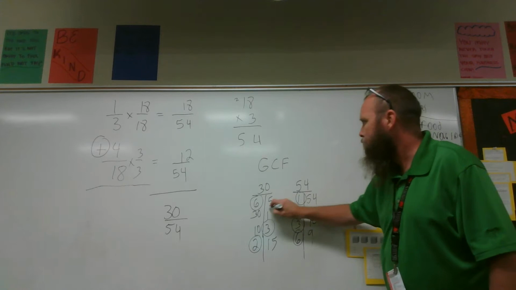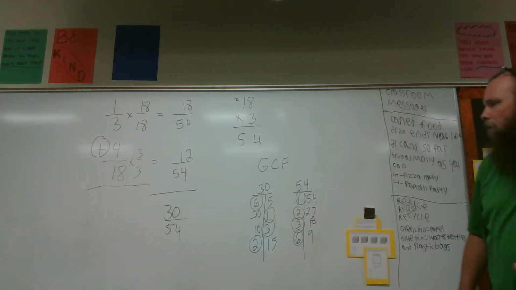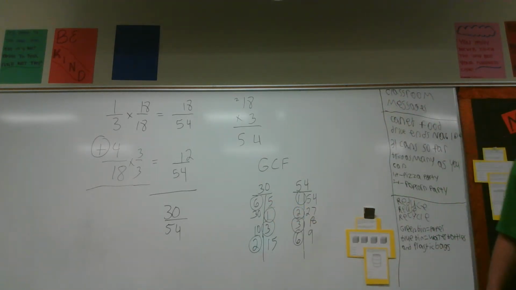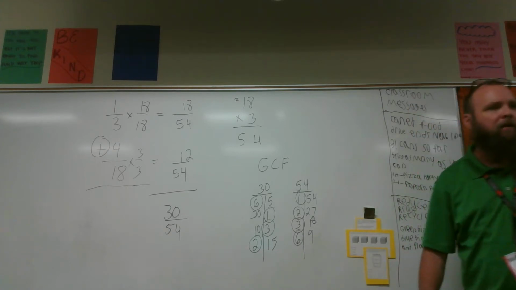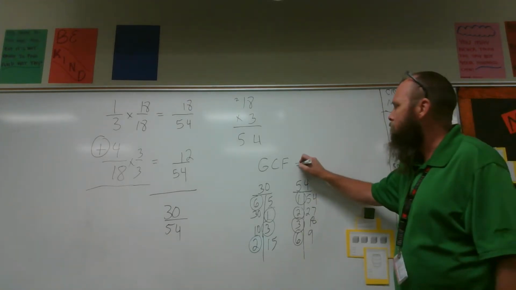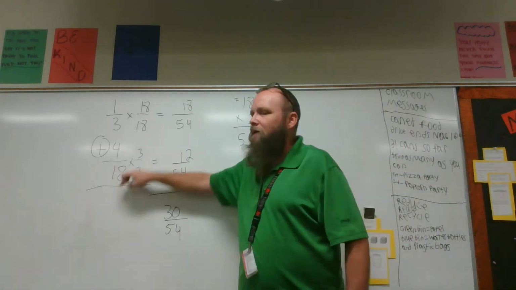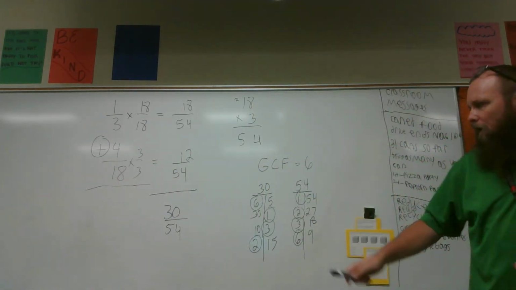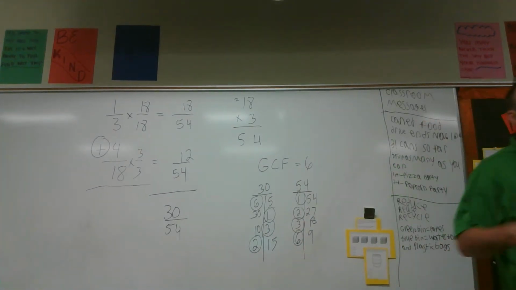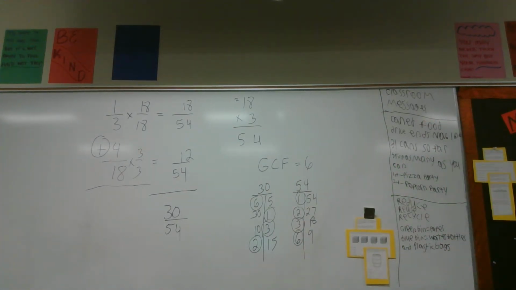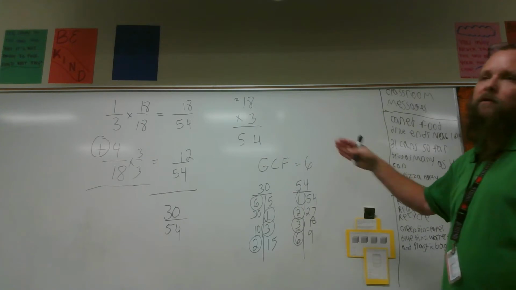So what is my greatest common factor, Caitlin? 6. See, if you just multiply these two denominators, you're going to first of all have to list more factors. Second of all, your greatest common factor is going to be bigger than it was before.